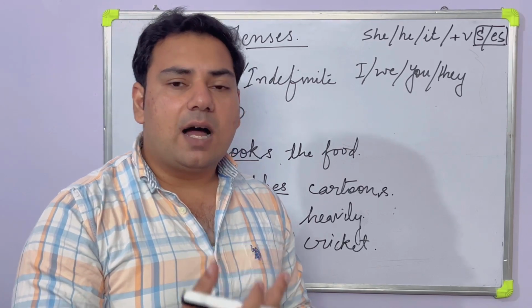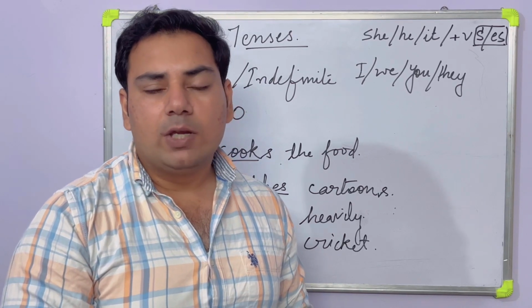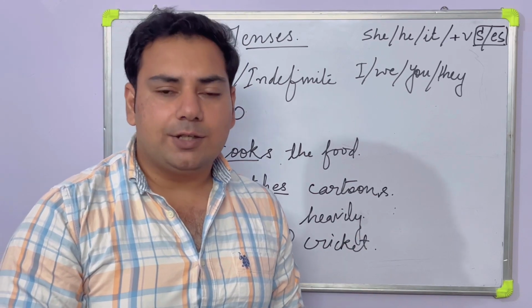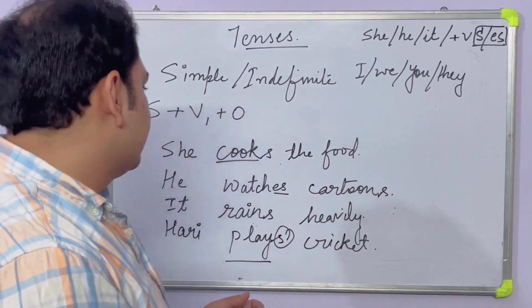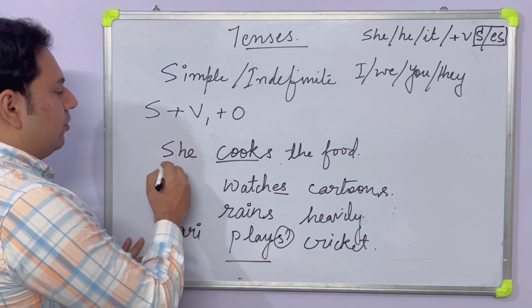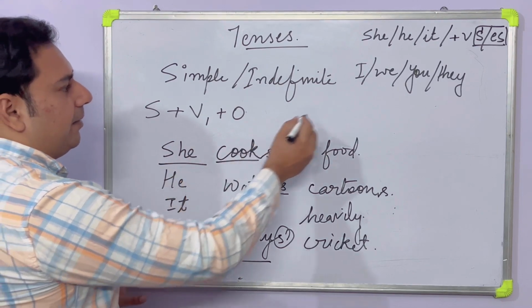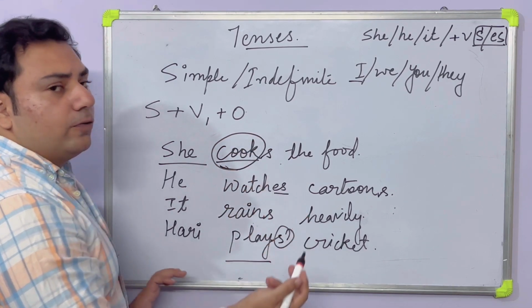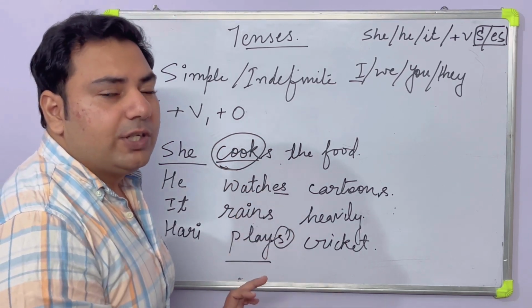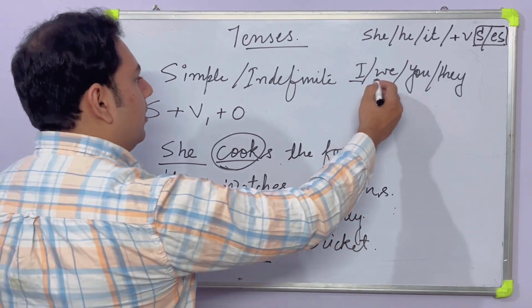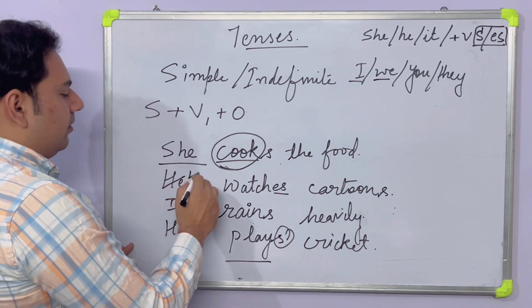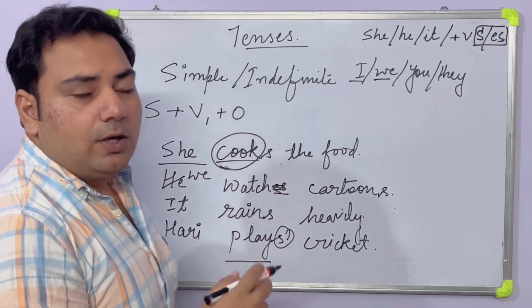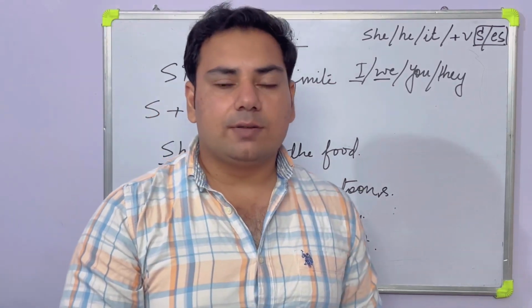If it is I, we, you, they, or plural names, then the verb will not change. Let me give you an example. Rather than she, if I have I, so I cook food. No changes will be there. We watch cartoons. No changes will be there.